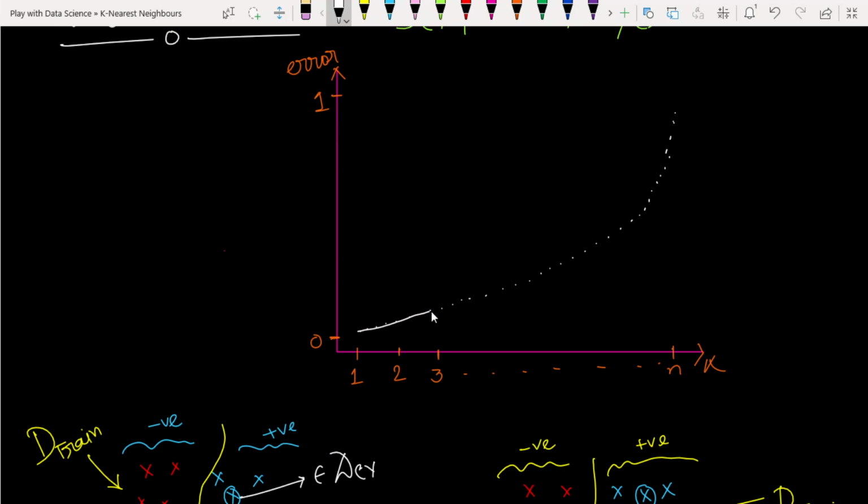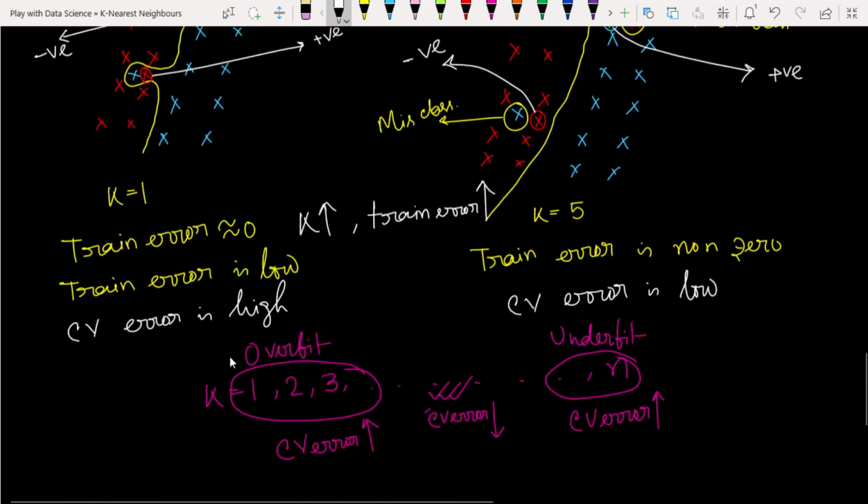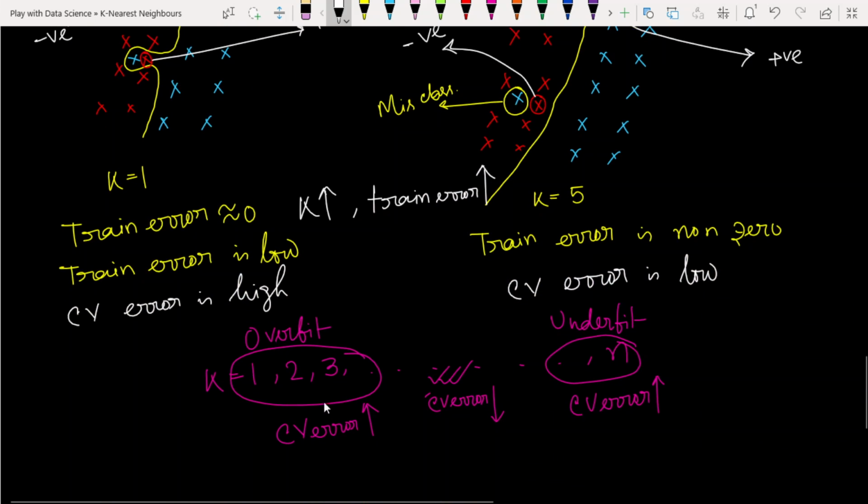We got this kind of graph, and this is called the training error graph.